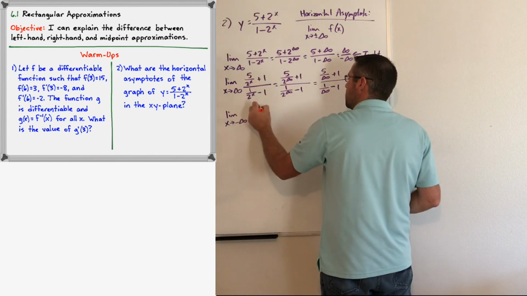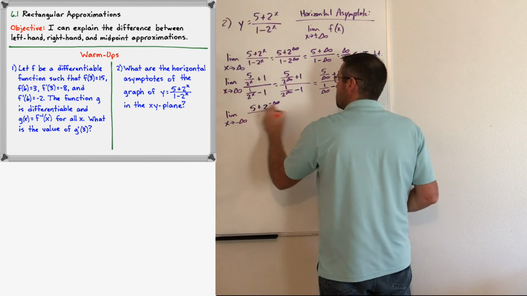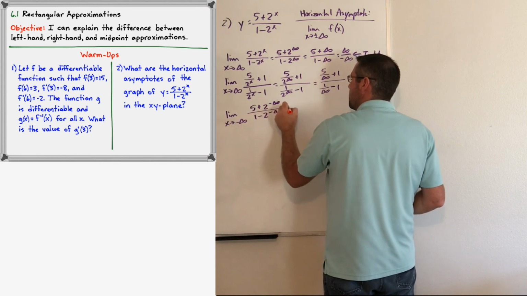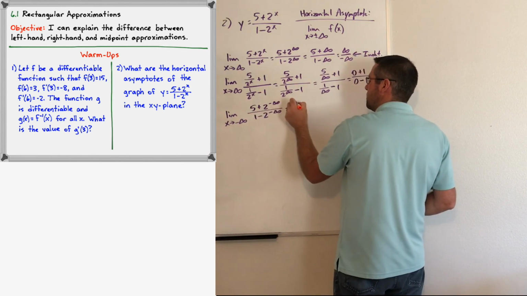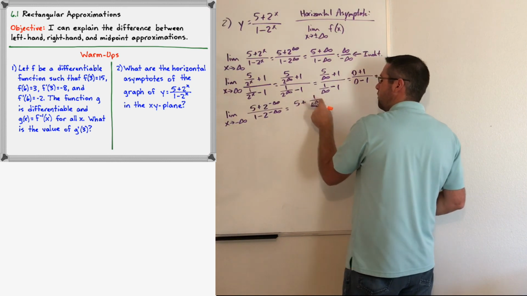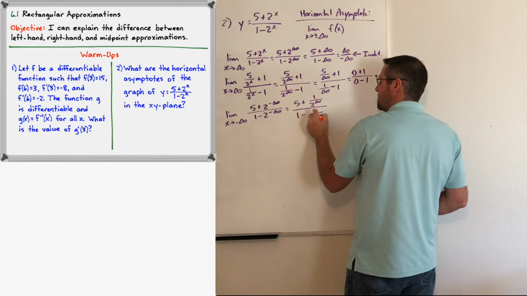So I plug negative infinity into my original function. I get 5 plus 2 to the negative infinity over 1 minus 2 to the negative infinity. Then I rewrite the negative exponent, putting it on the bottom, so I get 5 plus 1 over 2 to the positive infinity over 1 minus 1 over 2 to the positive infinity.